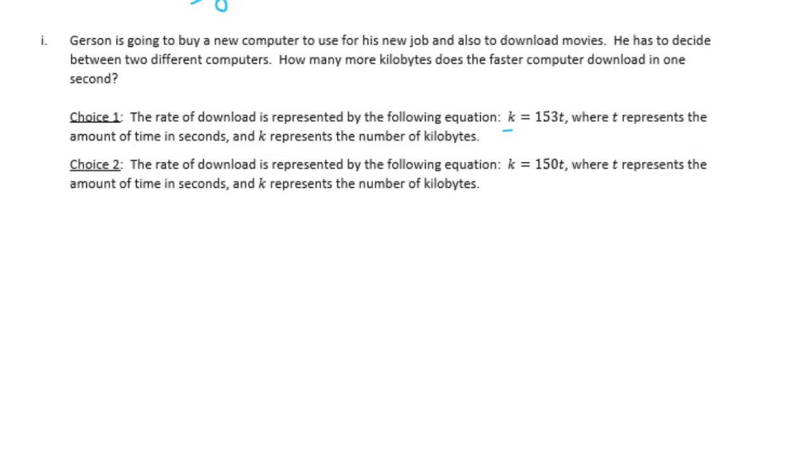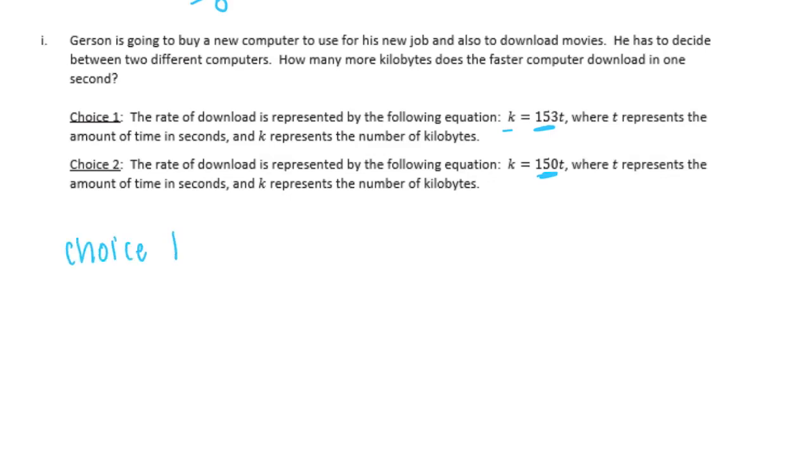The second one is 150 times the time will get you the number of kilobytes. So if we're looking at this, we're multiplying by 153 in choice 1 and 150 in choice 2. So whenever you're multiplying by a larger number, unless you're multiplying it by something less than 1, you're going to get something larger.